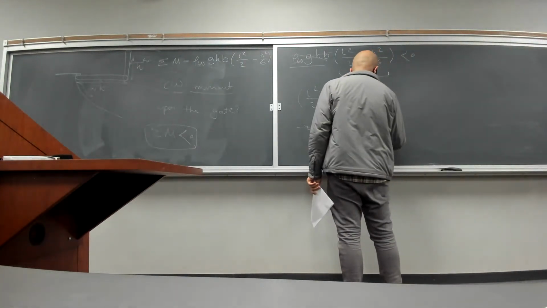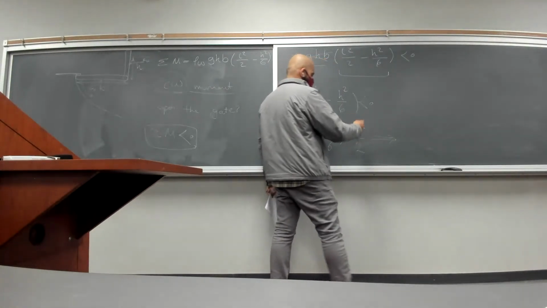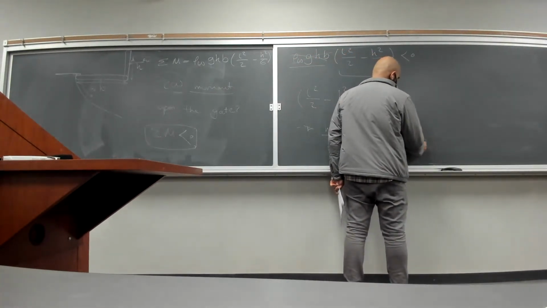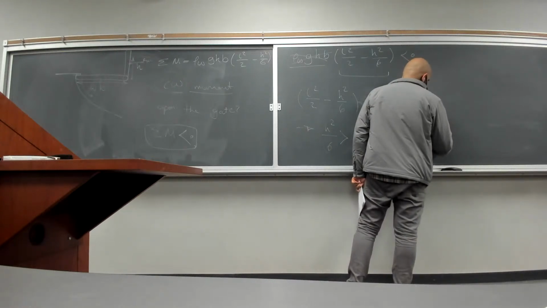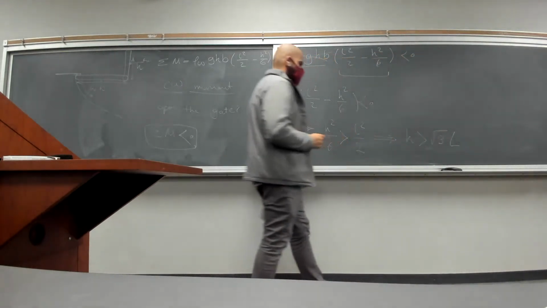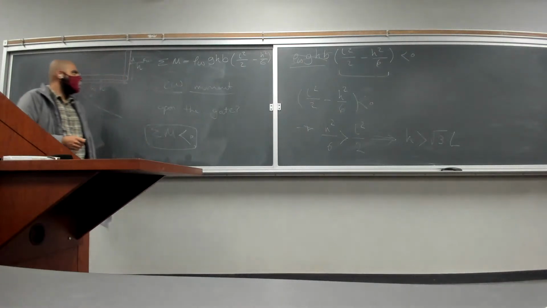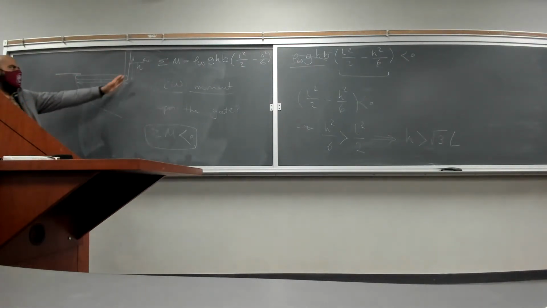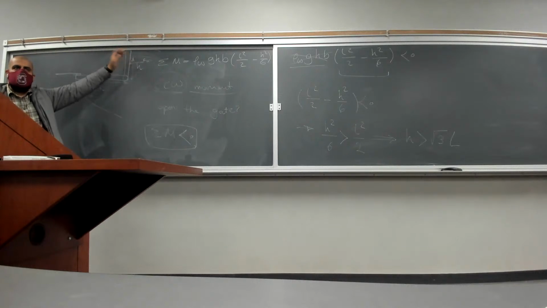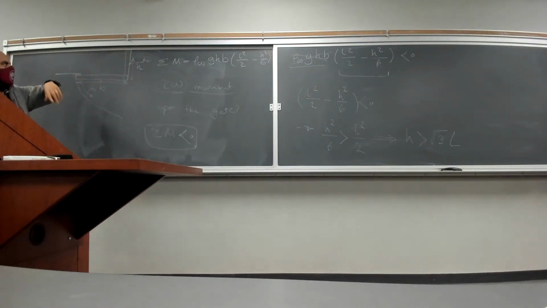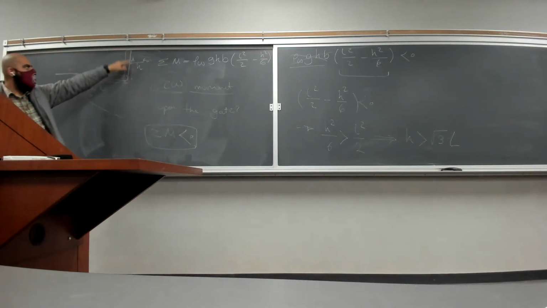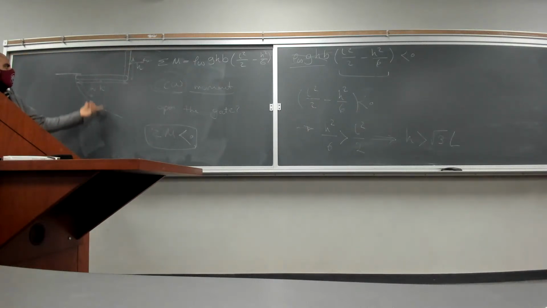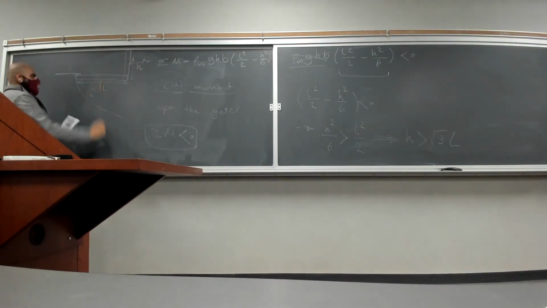Which essentially means if you move 6 to the other side, take the square root, that your H has to be larger than the square root of 3 multiplied by L. So you have to fill out the water this much. You have to fill it up until this height of the water becomes larger than the square root of 3 multiplied by, this is L, this length.